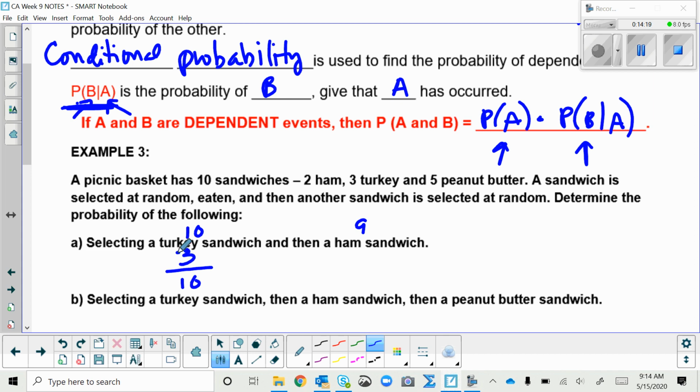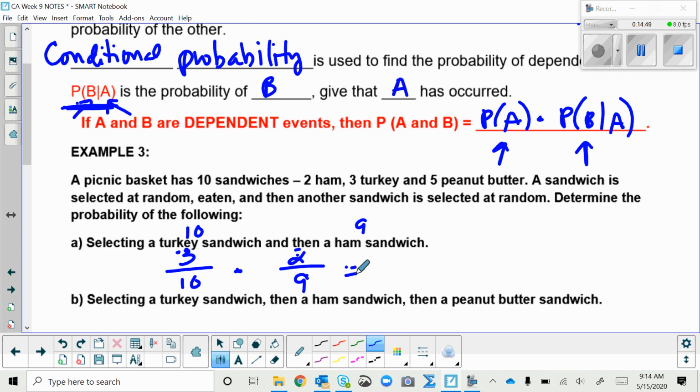Okay? Makes sense. And then we're going to multiply that by now selecting a ham sandwich after 1 turkey sandwich has been eaten. So once 1 sandwich has been eaten, there are now 9 possible outcomes for sandwiches you can choose from. And we're going to be choosing a ham sandwich next. How many ham sandwiches are there to pick from? 2.